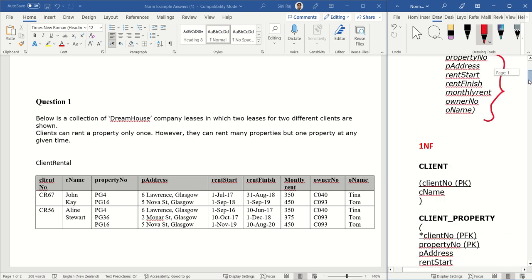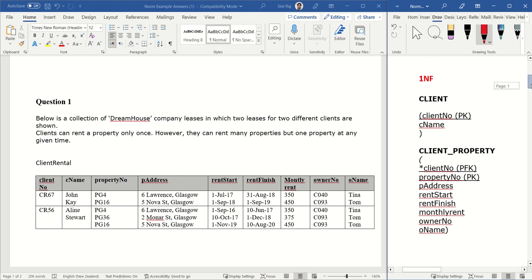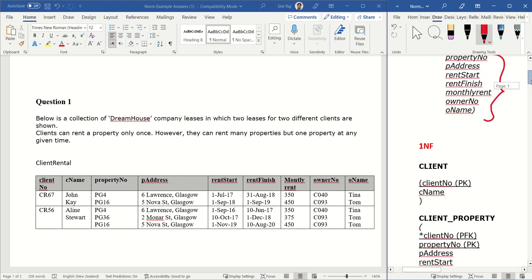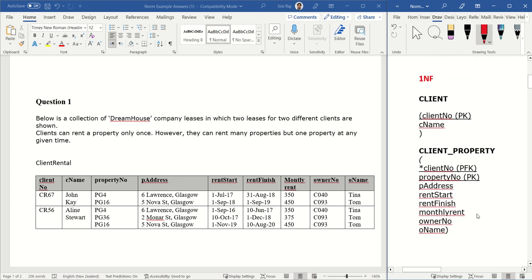Now in 1NF, what we need to do is take those repeating items and put them as a separate entity. We have taken all this and put it as a separate entity, and we need to find a possible primary key for it.